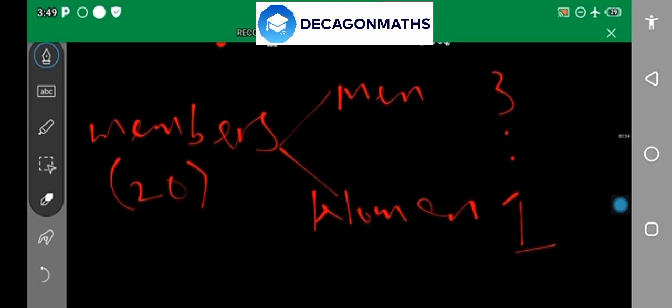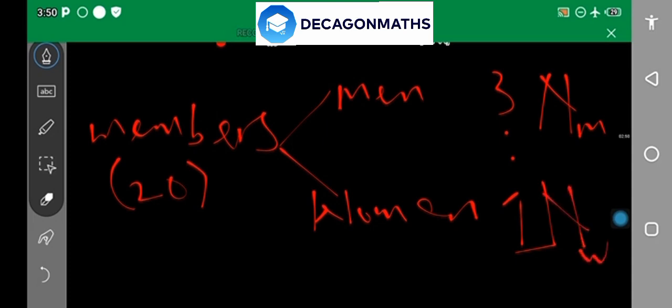3 is not the actual number of men, neither is 1 the actual number of women, but we can calculate the number of men, let's call it NM, and we can also calculate the number of women.